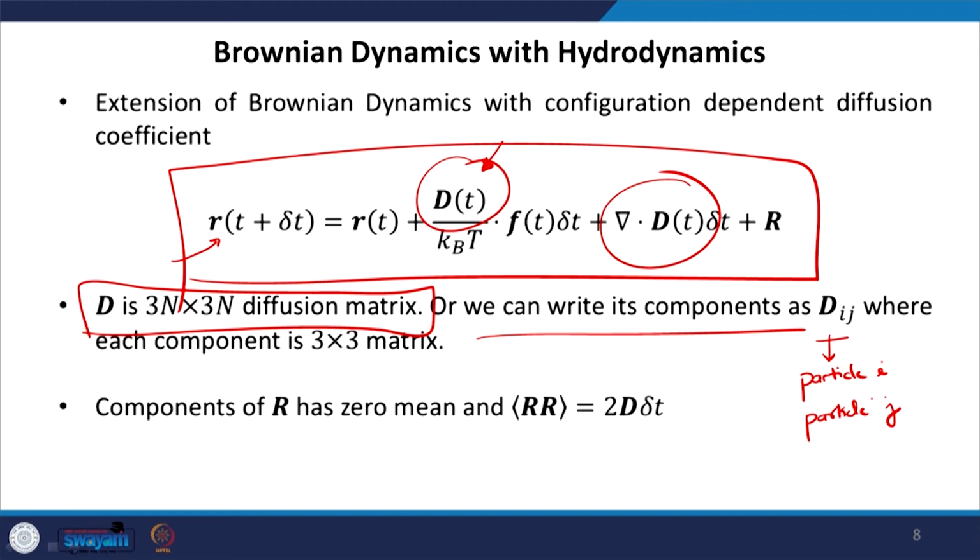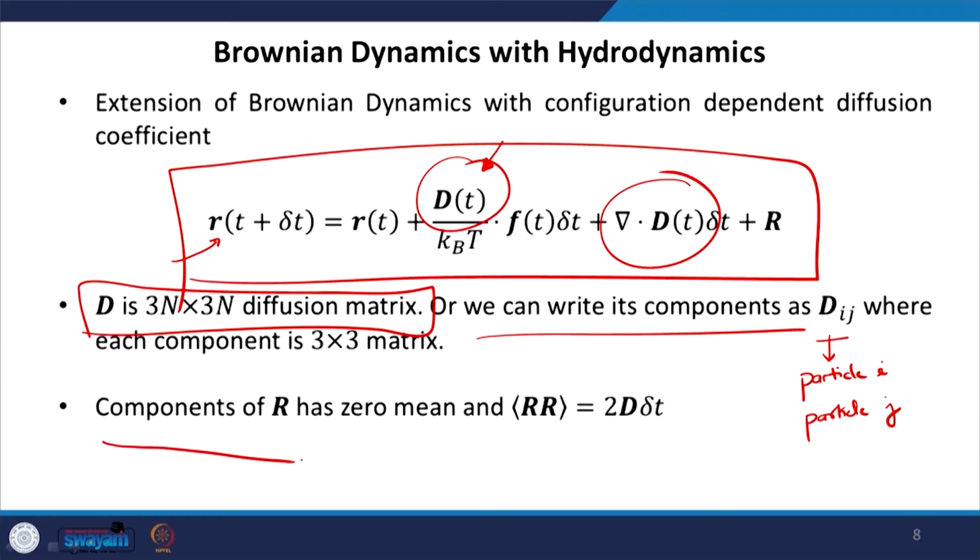So, in total we will have n times n matrices of 3 by 3, or we can say we have a 3n times 3n diffusion matrix. Each component of the matrix is typically represented as Dij, which itself is a 3 times 3 matrix, and there is a random term that has a 0 mean, very similar to what we had earlier, and the correlation is given as 2D delta t, simply an extension of the idea when we had a constant diffusion coefficient.